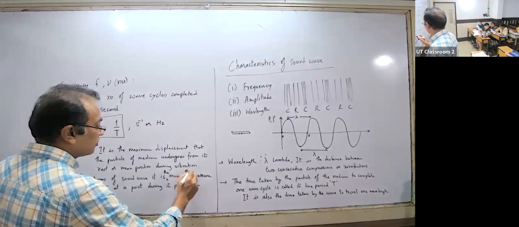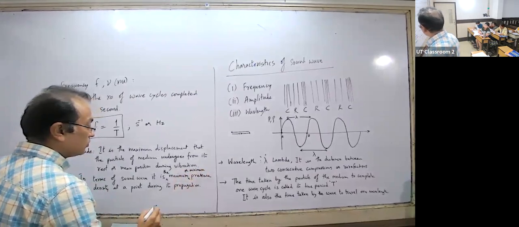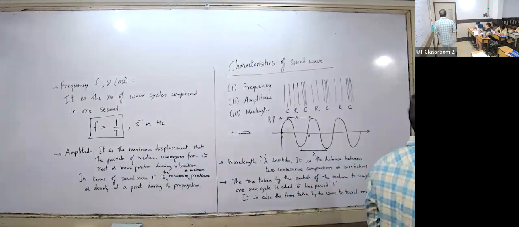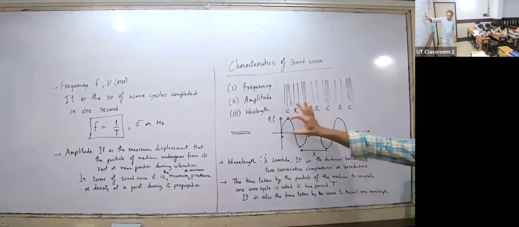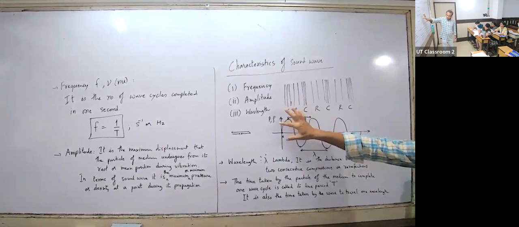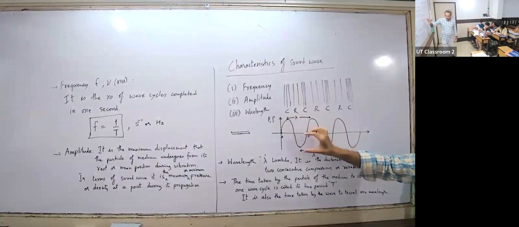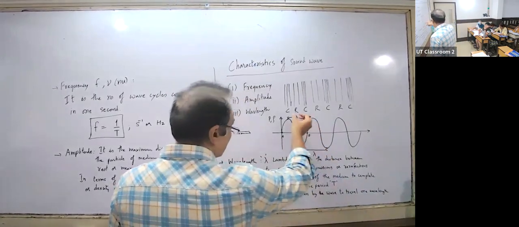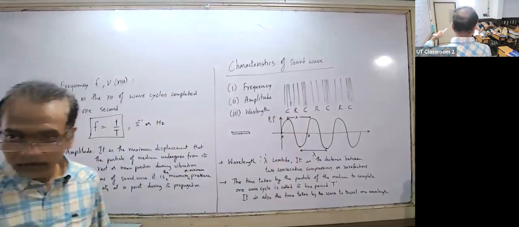Maximum or minimum. This is the maximum position, so in terms of pressure, maximum pressure. Here the pressure is least. Got it? So both are at the same place.